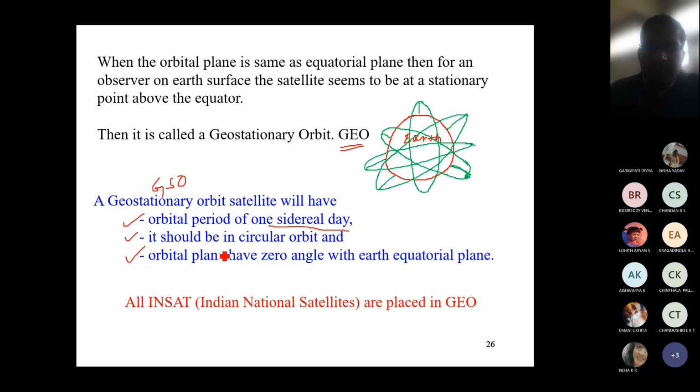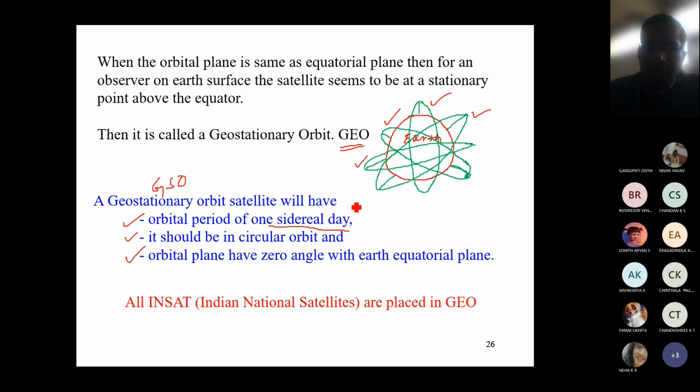Second point, it should be in a circular orbit. So geostationary orbits are circular orbits. This can be one geostationary orbit, this can be another geostationary orbit, and another.